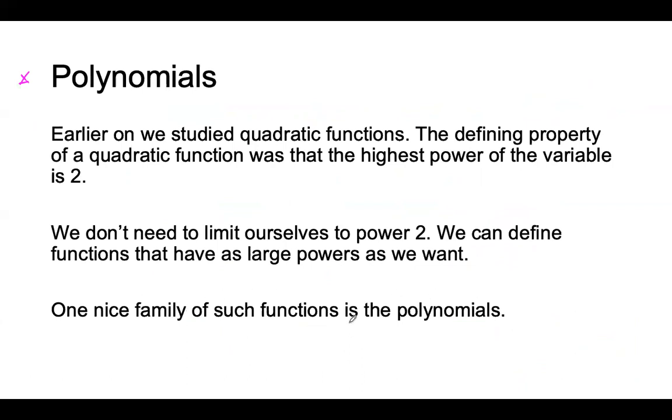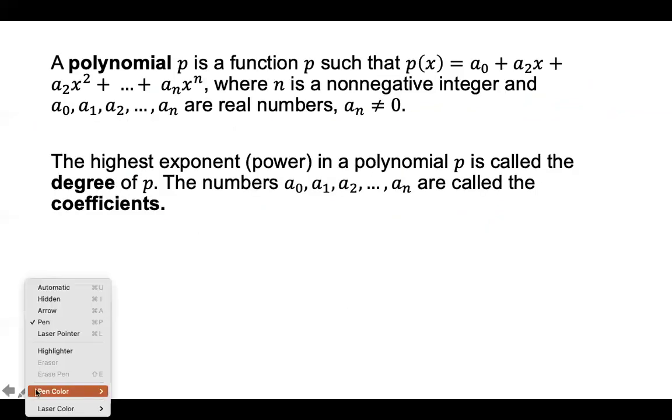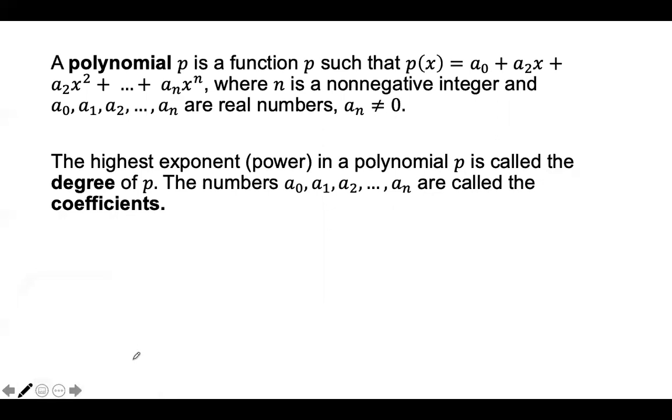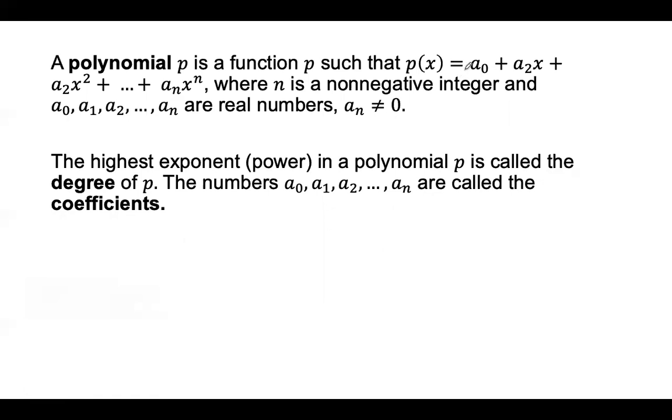So one nice family is called polynomials. This is the format of a polynomial. It's equal to the coefficient a0 plus a1 times x plus a2 times x squared plus etc., an times x to the power n, where n is a non-negative integer.